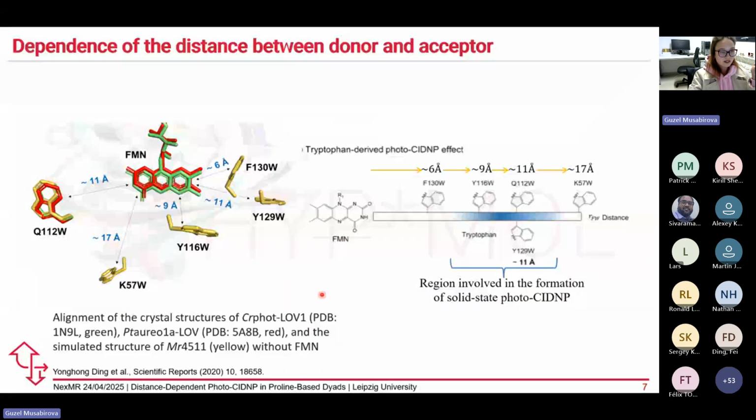And we have a kind of sweet spot where we have strong hyperpolarization. It's a distance from flavin to tryptophan of about 9 and 11 angstrom. And in the other case, if the distance is too short or too long, there is no observable photo-CIDNP detected.